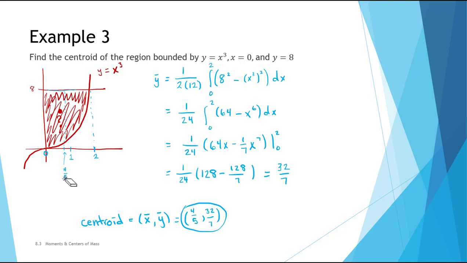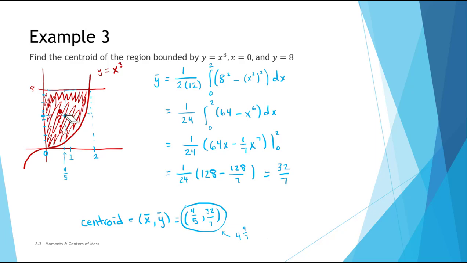Just for understanding, 4/5 here is a little bit less than the x value 1, and 32/7 would be the same as 4 and 4/7. So on the y-axis, we're a little bit past 4.5. So around here.